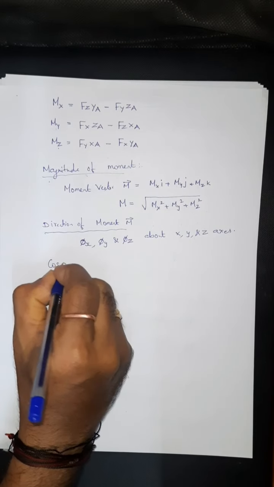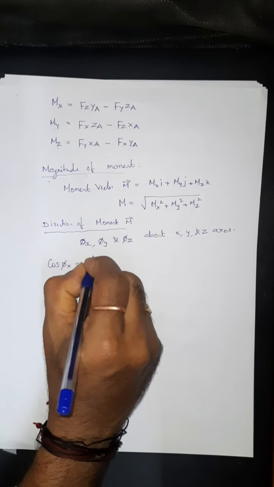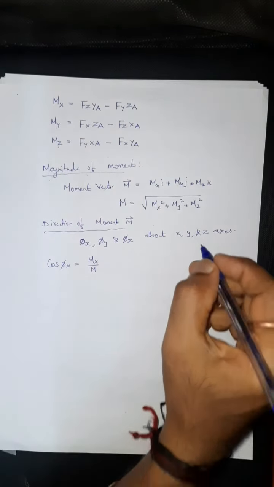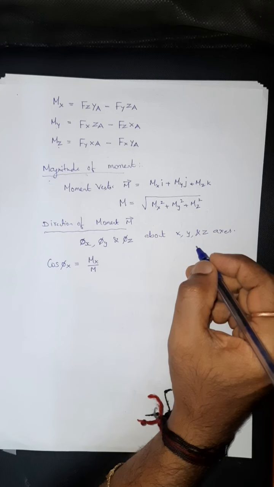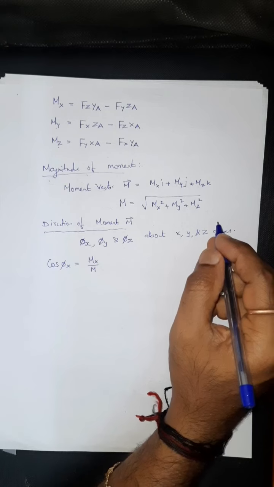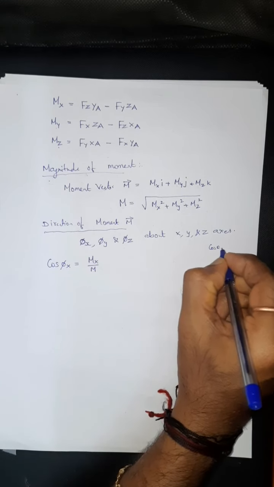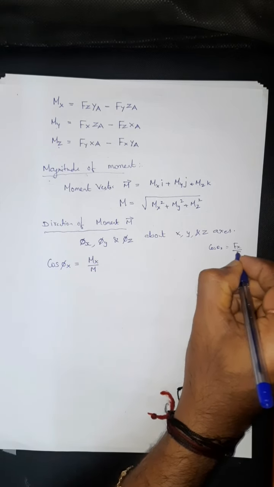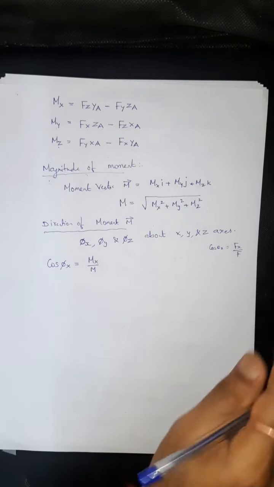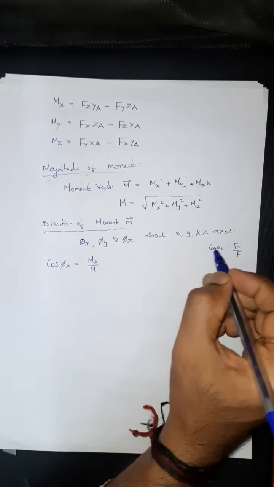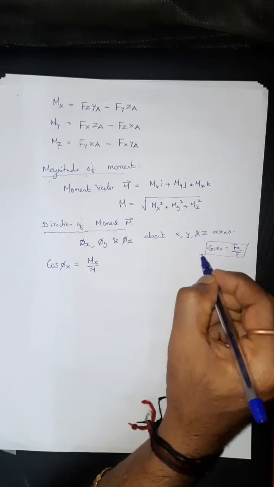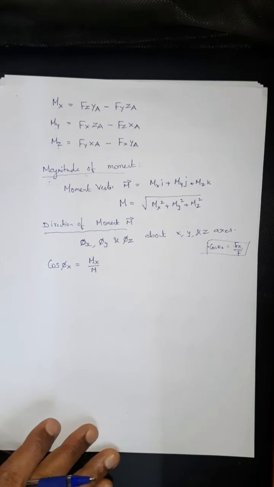So cos phi x equal to Mx by M. So this I have taught you in the first unit, where the forces in the non-coplanar or concurrent forces, where I have taught you cos theta x is equal to Fx by F, isn't it? So there I used to specify the forces. Here, in the chapter on moment, instead of F we have to substitute the moment. Got it? So this is from the last unit, right?